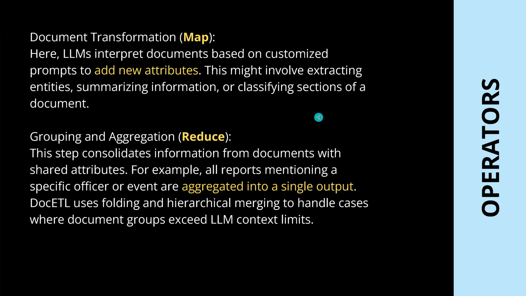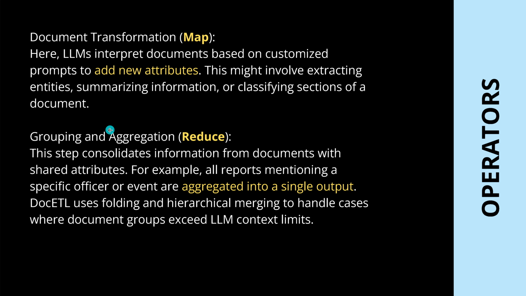So, short summary, my green grasshoppers. We have a document transformation, a mapping. The LLM now interprets the document based on a customized prompt to add new attributes. This is additional information that we have. So we have extracting entities, summarizing information, or classifying sections of a document, added to the original document.